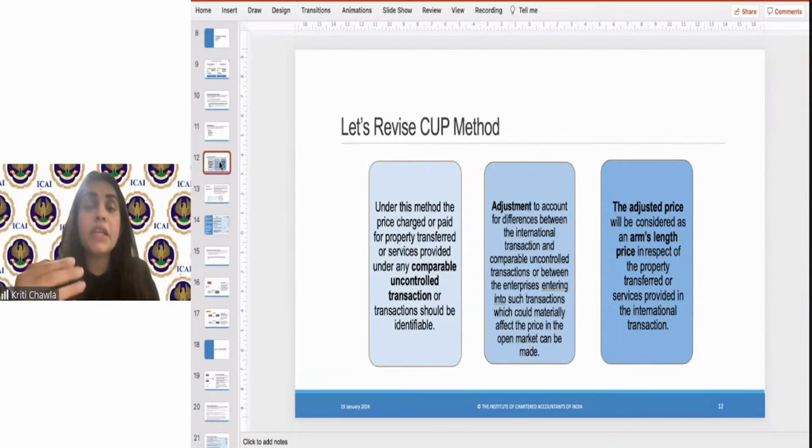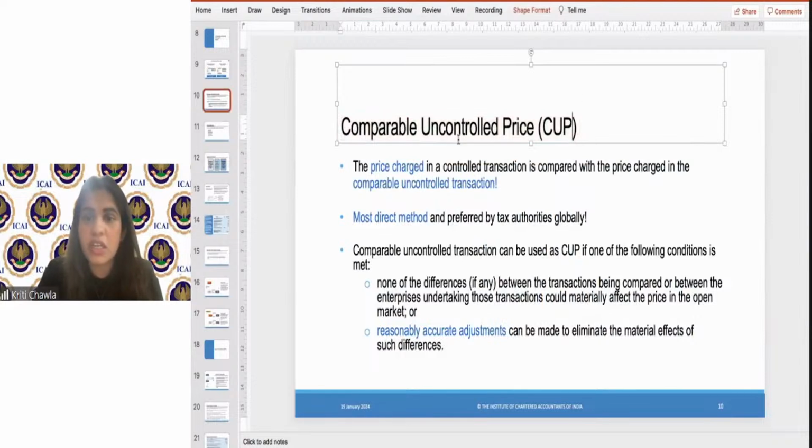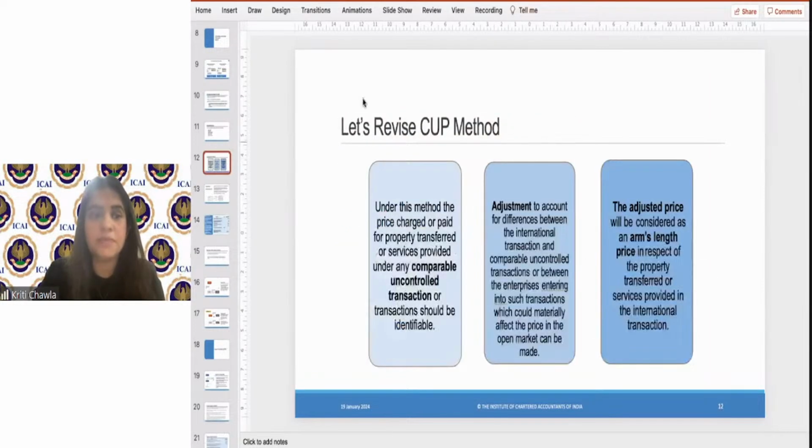If you look at the term, it says uncontrolled price. That means the price coming from uncontrolled transactions. Which uncontrolled transaction? Independent enterprise transactions. And these are comparable transactions, comparable in terms of the factors. Hence, this is called the comparable uncontrolled price method.